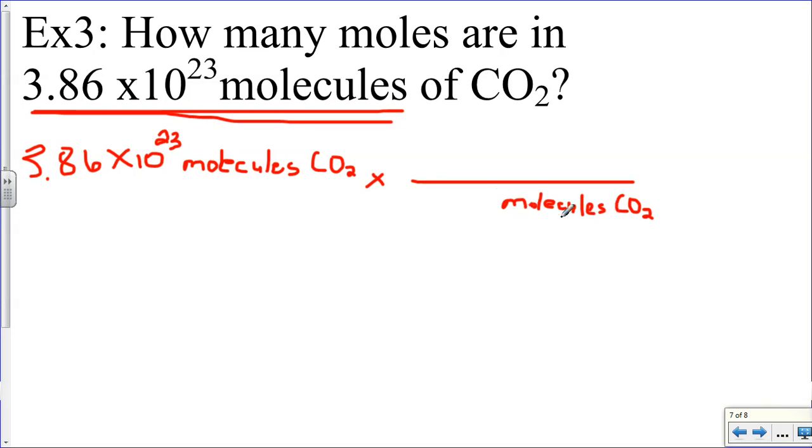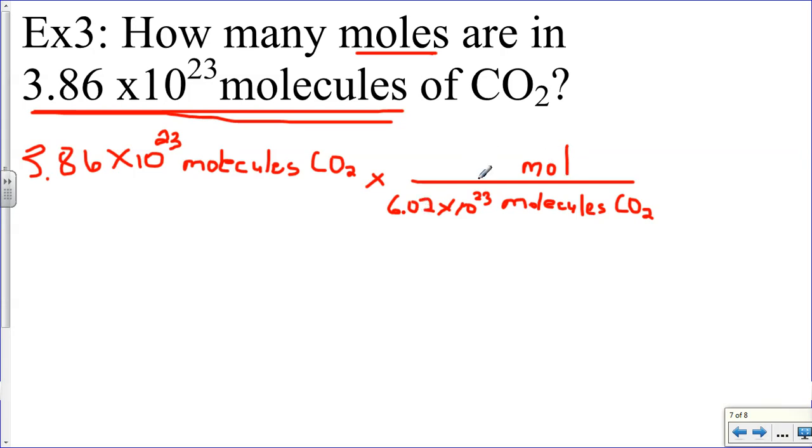What number always goes with the molecule when we're doing molar equivalence? Avogadro's number, which is 6.02 times 10 to the 23rd power. Now I need to determine the number of moles. Moles, my desired unit, MOL for short.